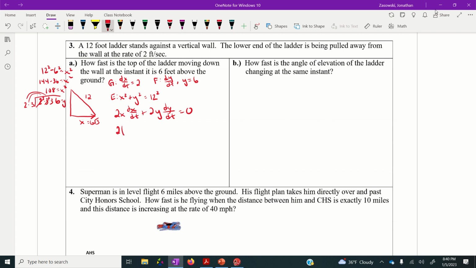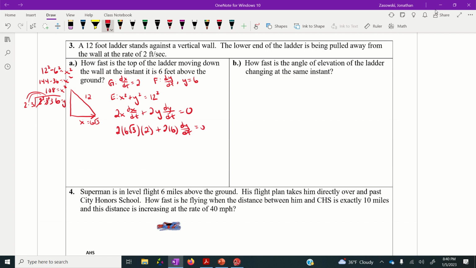Now we're solving for dy/dt, so we plug in. We have 2 times x, which is 6 square root of 3, times dx/dt, which we know, once again, I have to write it down, it's 2 from the given, plus 2y, y is 6, so 2 times 6 times dy/dt, and that's equal to 0.